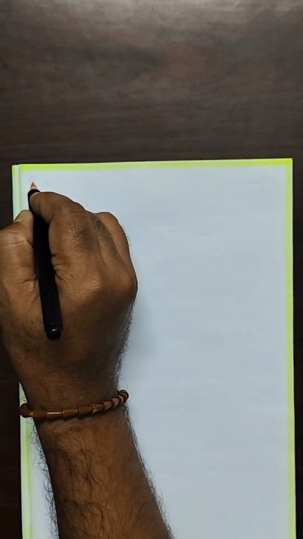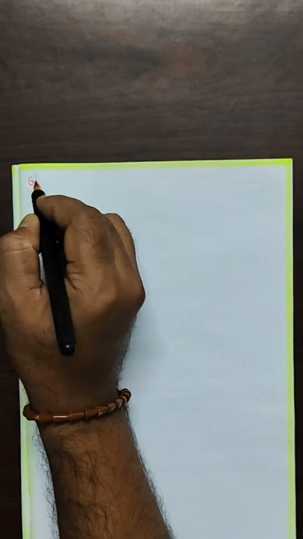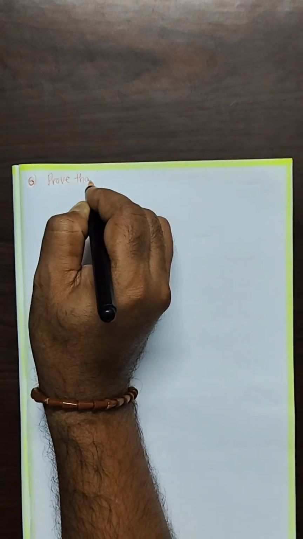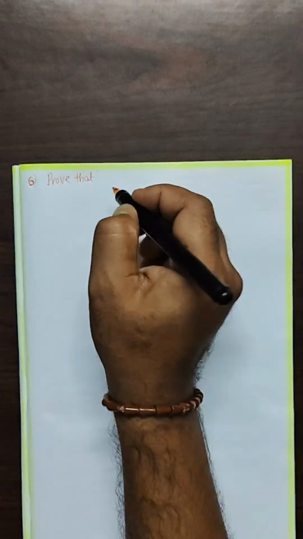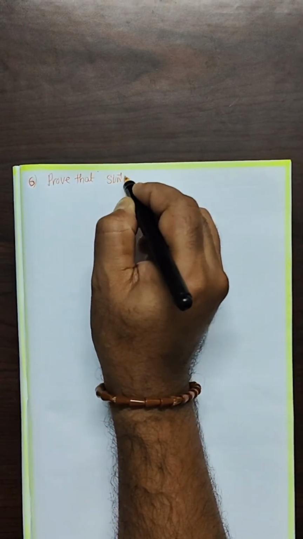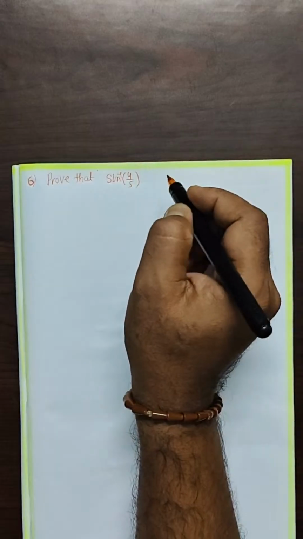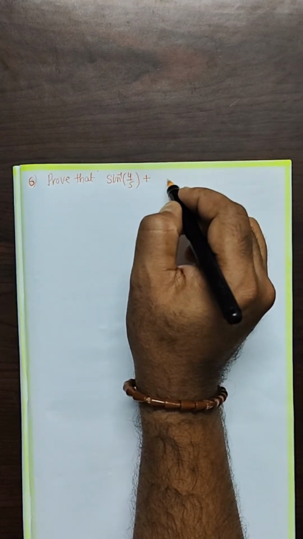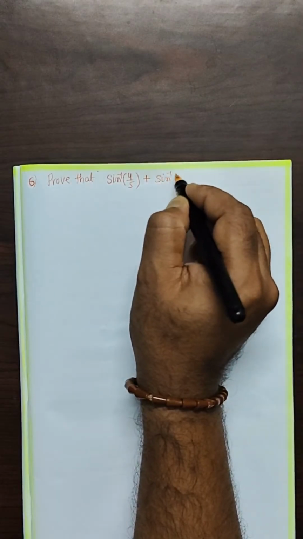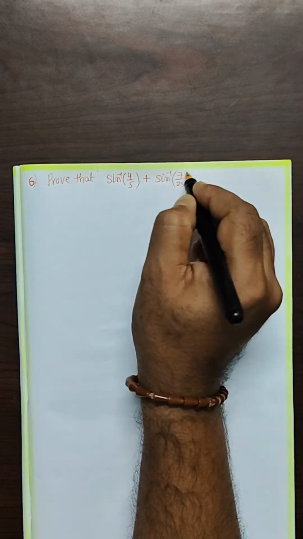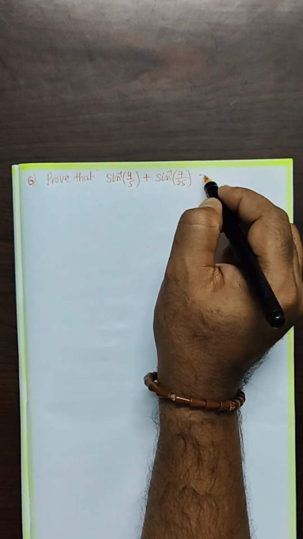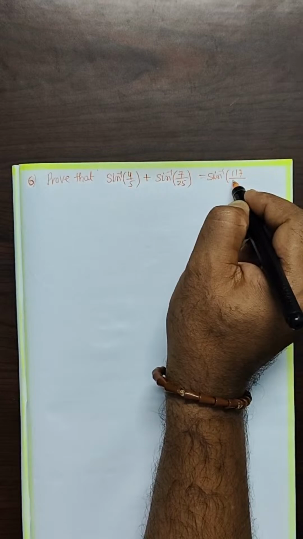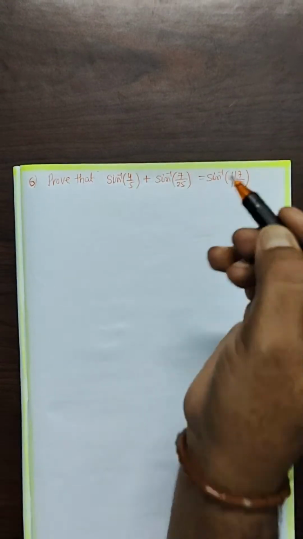Prove that sine inverse of 4 by 5 plus sine inverse of 7 by 25 is equal to sine inverse of 117 divided by 125.